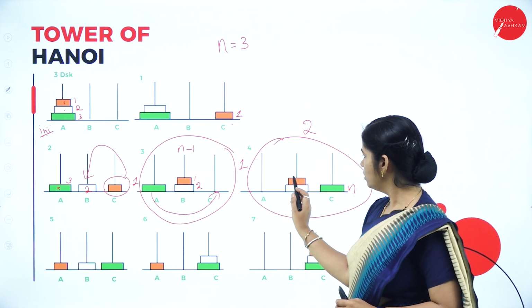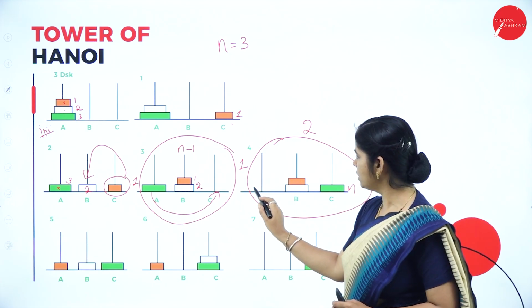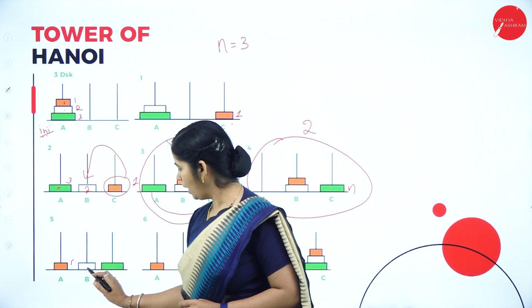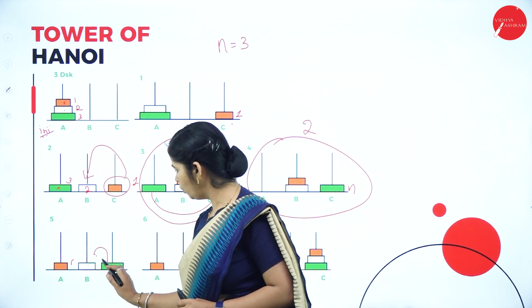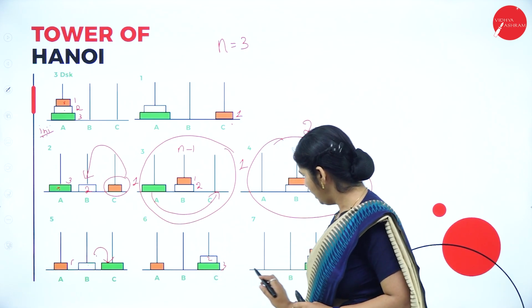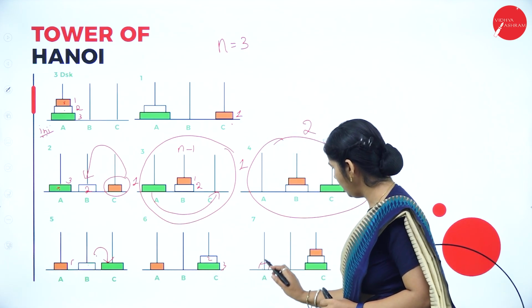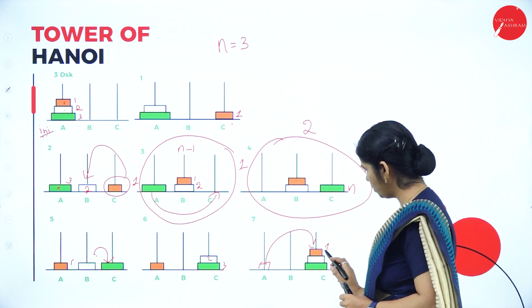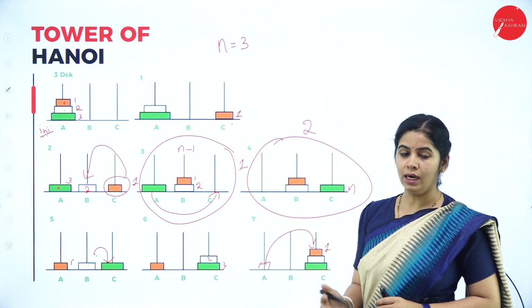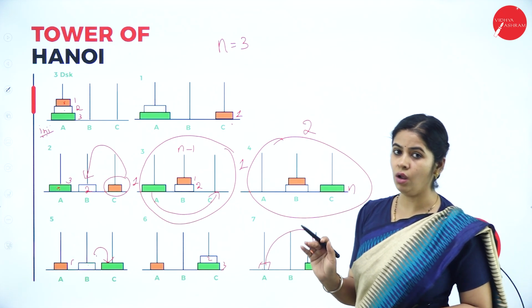A is empty. So, transfer disk 1 to A, then transfer disk 2 to B. Then after this, transfer disk 1 to C. This is the third step. Okay, is it clear how Tower of Hanoi works?